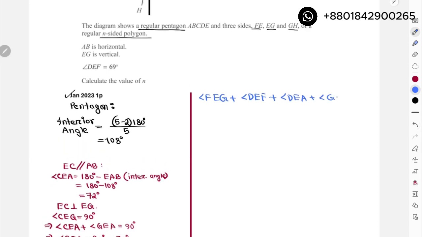So we're going to stick with the same wording, GEA. All of them are going to be 360 degrees, under the basis of angles at a point.